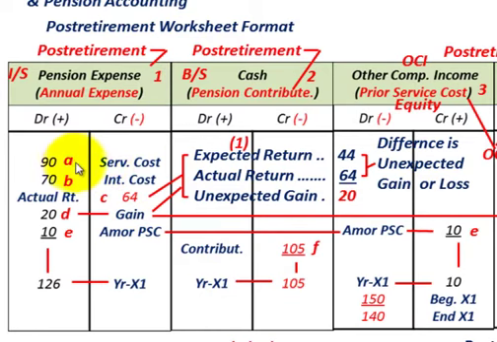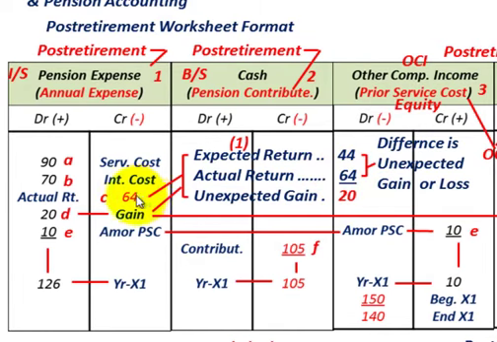In our example, we have service cost, debit for $90,000, interest cost $70,000, and then we have to deal with our expected return on plan assets versus the actual return. In this case, we have an unexpected gain on the return of plan assets. The expected return was $44,000, but our actual return was $64,000.